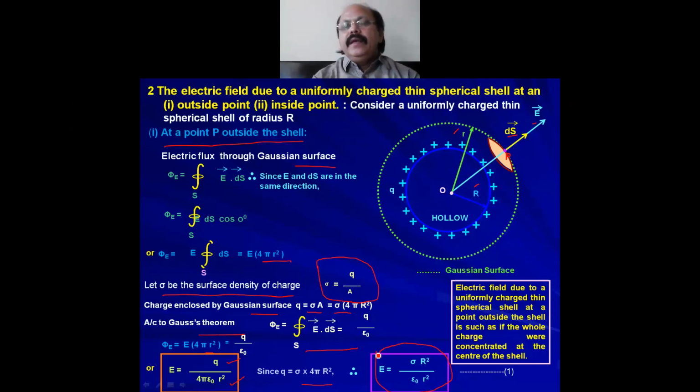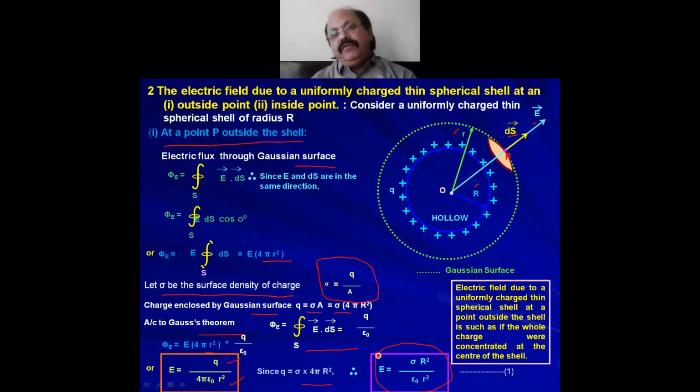Here, one more important thing. The electric field which you are taking due to the uniform distribution of charge over the surface of the spherical shell is basically equal to the electric field intensity due to the plus q charge supposed to be placed at the center of the spherical shell. Since the spherical shell is hollow, the charge is distributed over the surface.